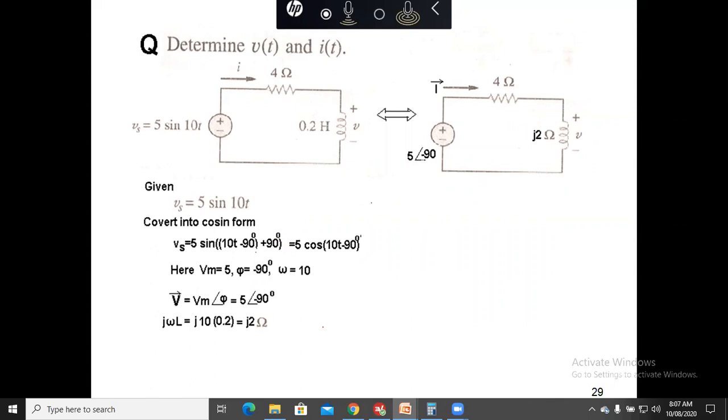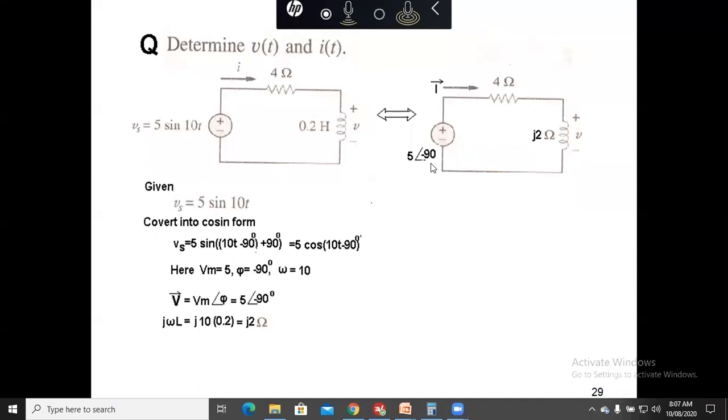We convert this network into the phasor network, or the frequency domain representation of the network, right? So the inductor is converted into j2, the total impedance is 4 plus j2, and the input signal is 5 at the angle of minus 90.